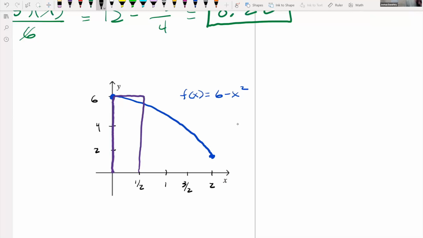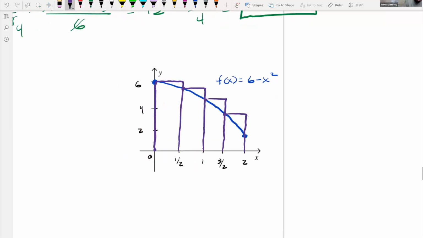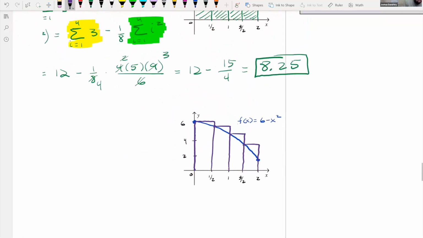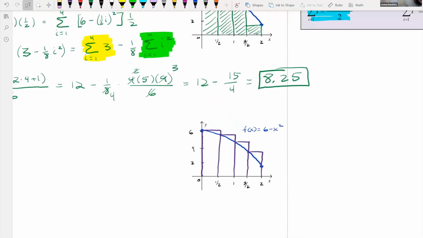And so we do it again, getting the height of the next rectangle at 1/2. And the next one at 1. Then at 3/2. And there we have our rectangles we get from left endpoints.